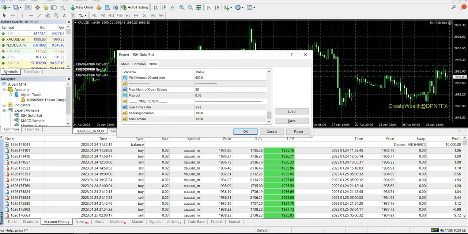So you can play with the setting based on which country you belong to, and based on your country and the broker timing. You just need to match the broker timing and see when the US session starts, and you can play with the setting. You can stop your bot 2 to 3 hours before the US session starts, and 3 to 4 hours after the US session starts, or maybe 2 hours before and 1 hour later, or whatever. You can play with the setting.